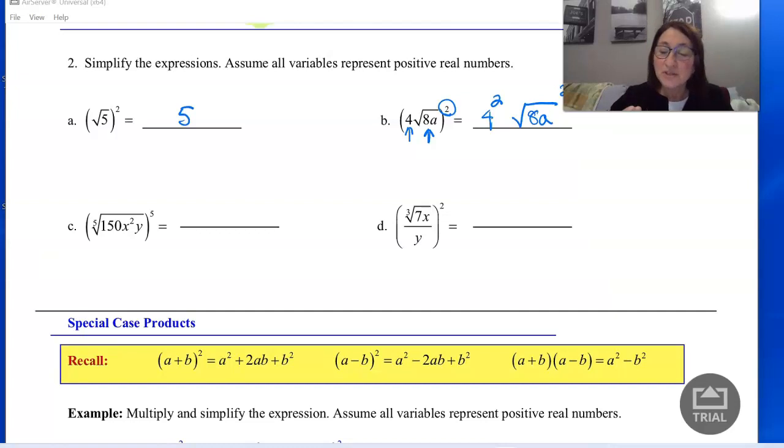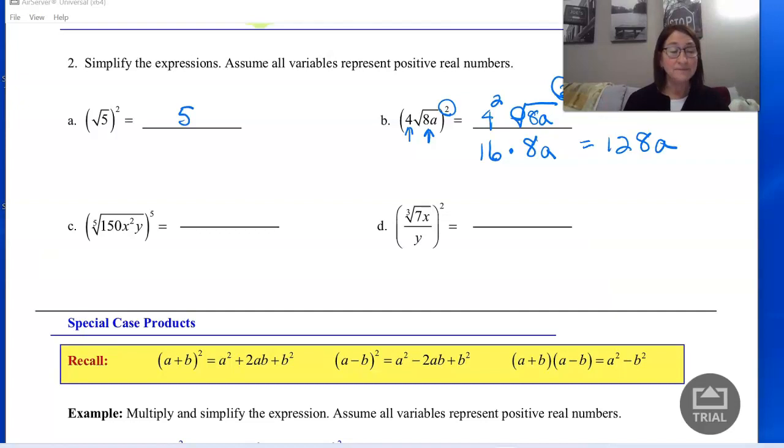Okay? So 4 squared is 16. Then because my exponent and my index are the same, 16 is multiplied by 8a. So this becomes 128a.